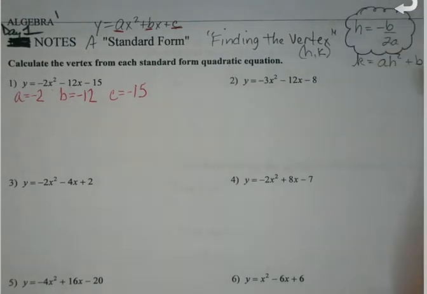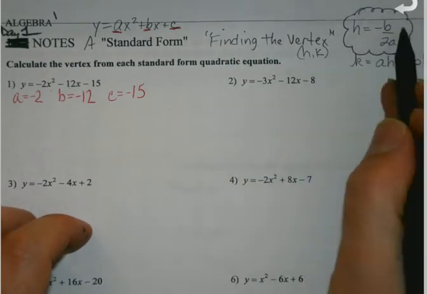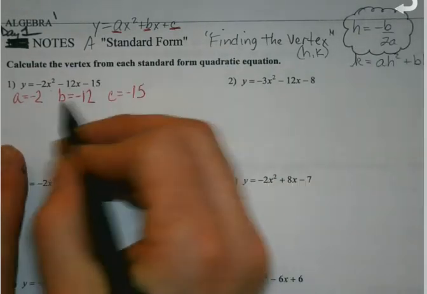For today, the only two letters we care about are A and B, because they allow me to find the H value, or the X value, of my vertex. So my first step is going to be to plug in. We're going to do -B. You're like, well, it's already negative.